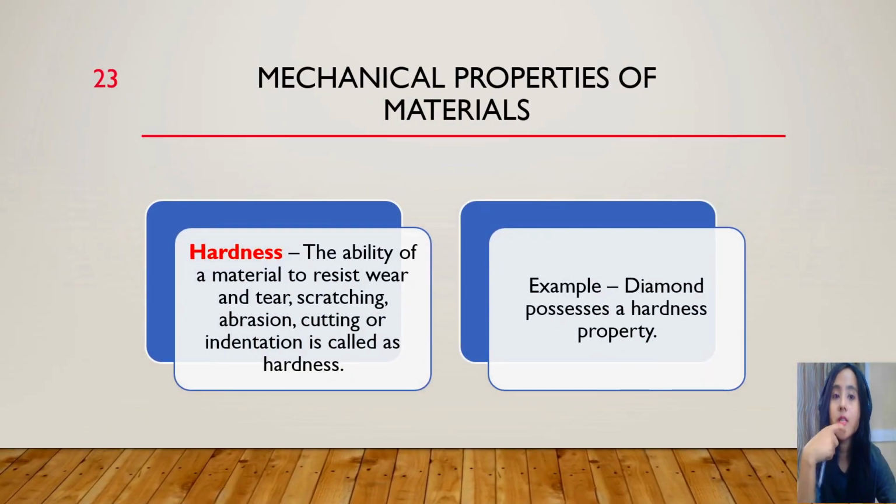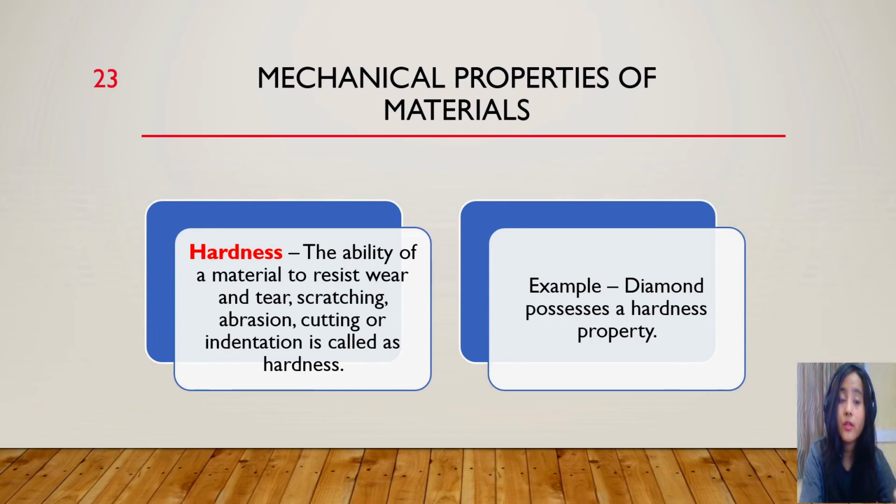Next, we have the hardness property. The ability of a material to resist wear and tear, scratching, abrasion, cutting, or indentation is called hardness. Imagine a tire. A tire runs on a road so many times, right?